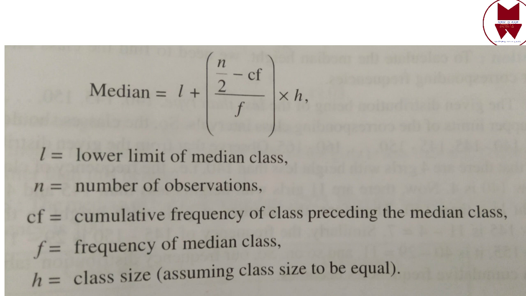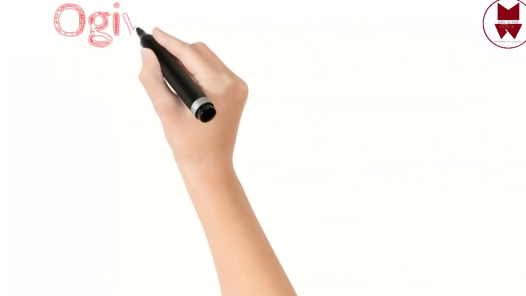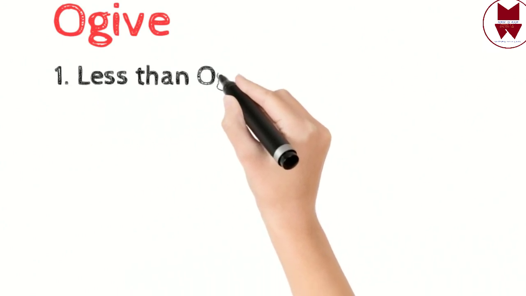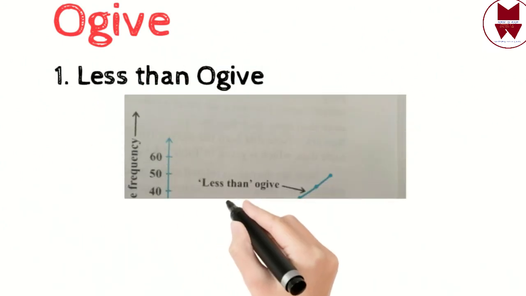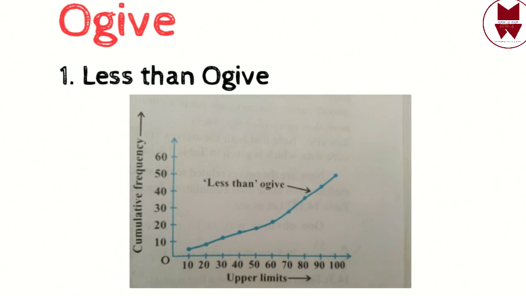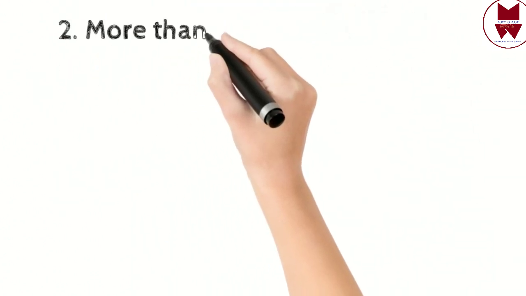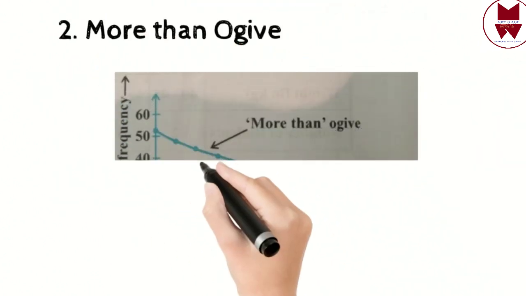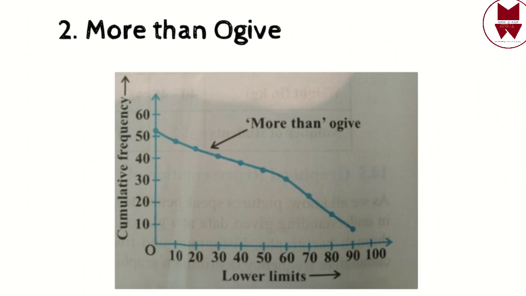N is the number of observations, that is the sum of frequency. Then the remaining are the frequency of the median class and the class width. Then two graphs we have studied: the less than ogive, you can see the graph, this shape. Then the more than ogive, that graph also you can see here. Thank you.